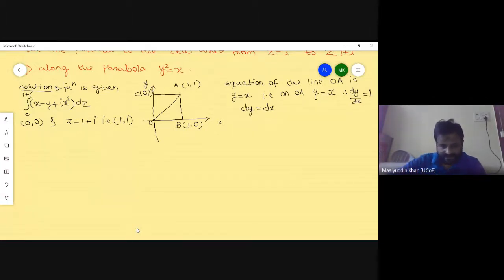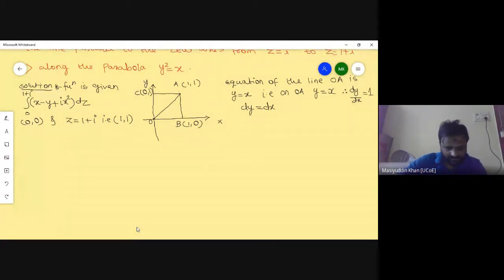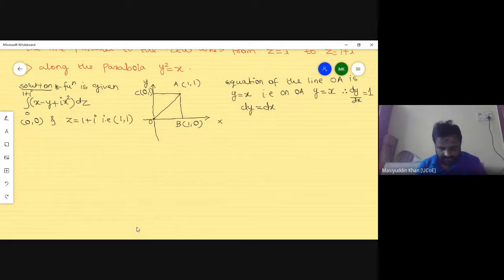So dy by dx is equal to 1, because y equal to x means dy by dx is equal to 1. So dy is equal to dx. So we have to find the integral.